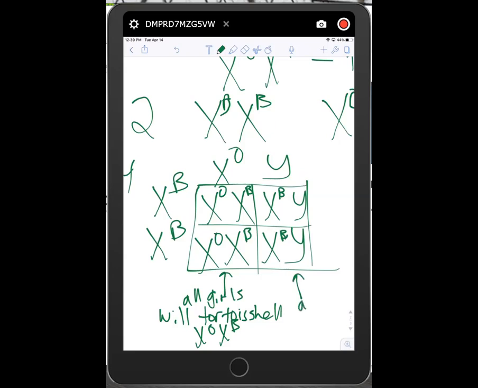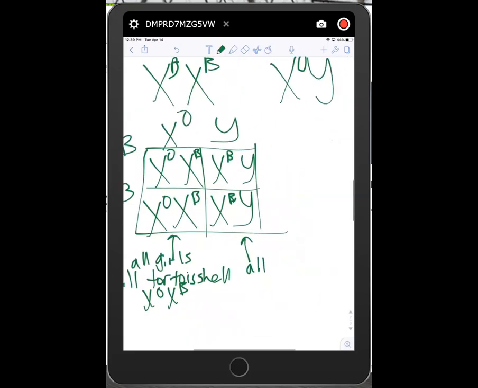Okay, so this simplifies our answer. All the boys are black, and they are X to the B, Y. So it's kind of nice. There's only one way to get the boys and one way to get the girls. That won't always be the case for these, but you will see other examples of that farther down.